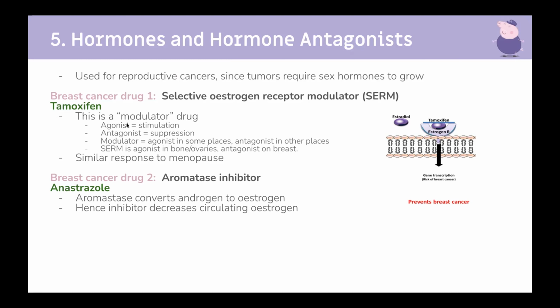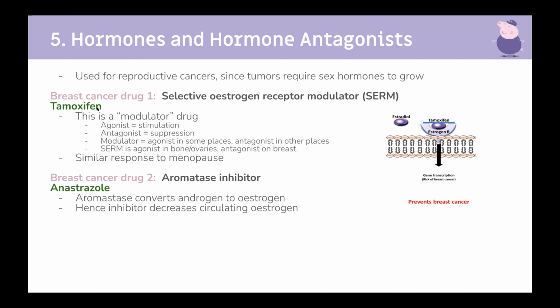It can be an agonist or antagonist, and basically it will bind to your estrogen receptor, and that means that your estrogen or your estradiol, which is a derivative of estrogen, will not be able to bind to that receptor. You also have aromatase inhibitors, which block the enzyme that converts androgen into estrogen.